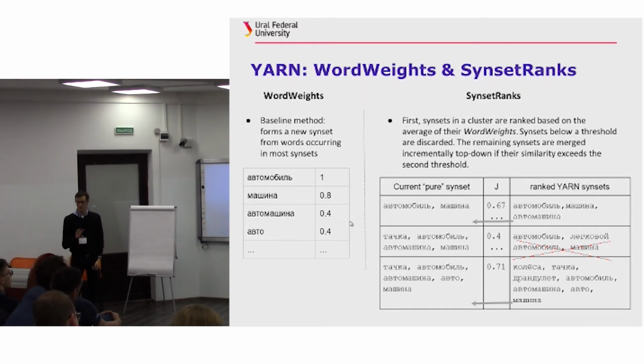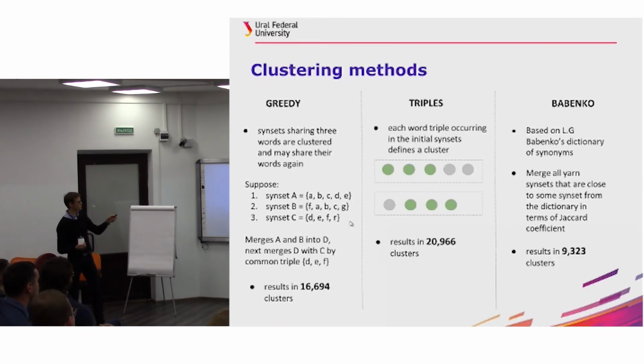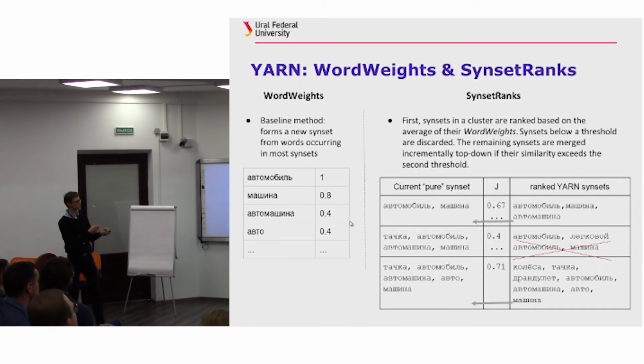Initially, the cluster consists of several synsets. Suppose we have a cluster of synsets describing the car meaning, and let its length be 5. As the word automobile appeared in all of them, it has a weight of 1 because it appeared everywhere. Since machine appeared only in 4 of them, it has a lower weight, 0.8.